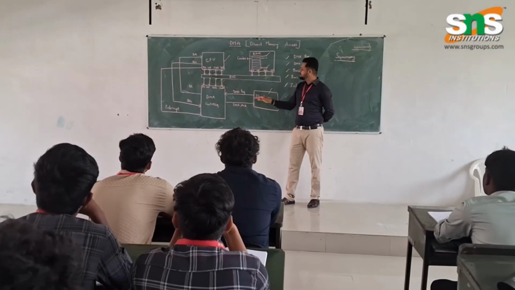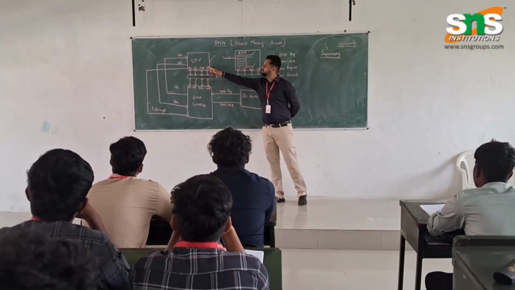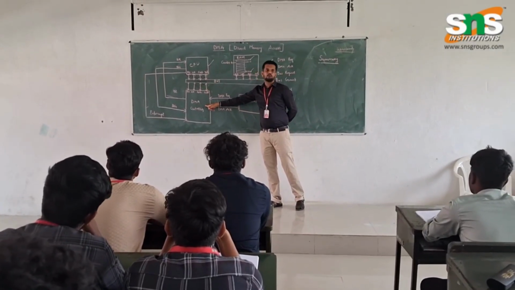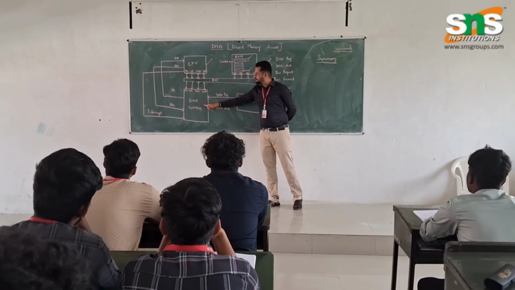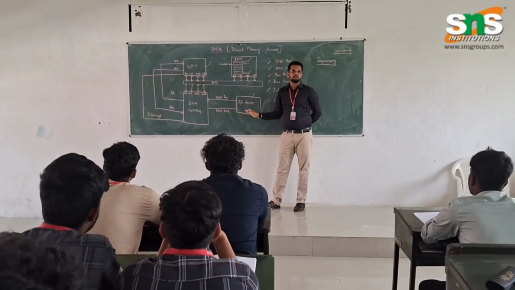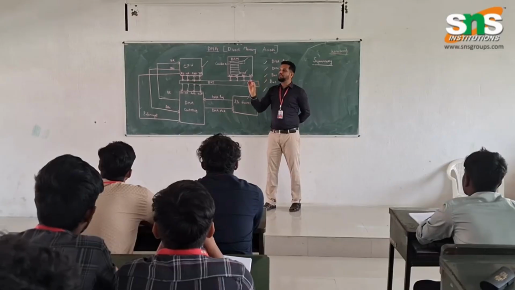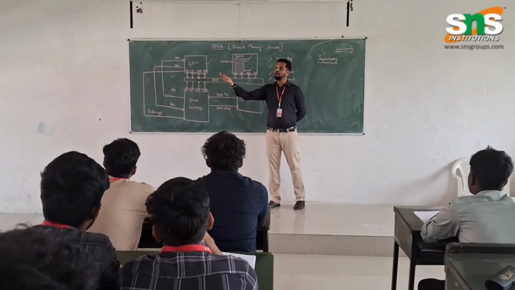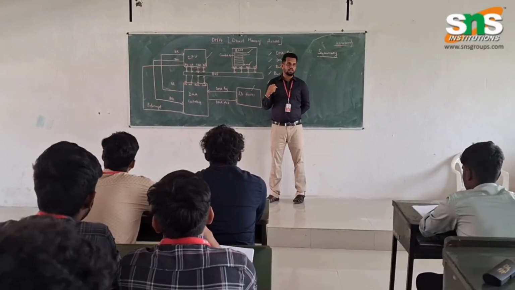Once the permission from the CPU is received, the DMA controller immediately gives an acknowledgement. In communication, you have to give a request and get a reply, that is, an acknowledgement.